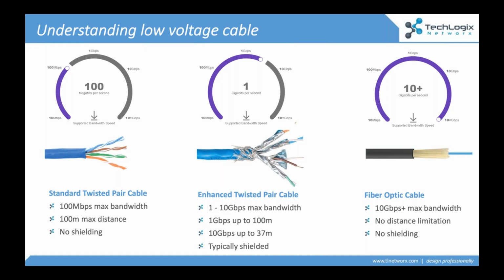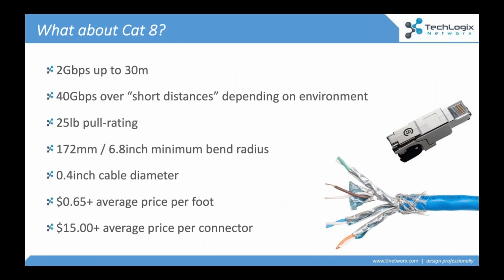Now, I know there's a lot of conversation right now in the industry around Cat 8. Cat 8's been released, and there are specifications around it. So let's talk about what Cat 8 brings to the table. First of all, it's a bulky cable. It has to be, with individually shielded pairs. It's also very expensive to terminate.